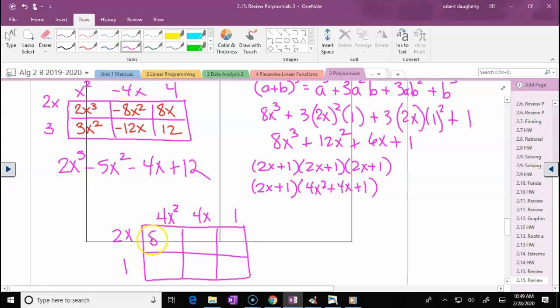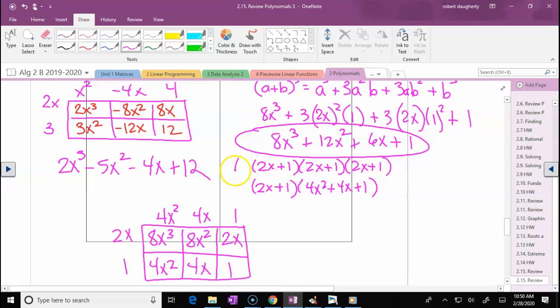So I get 8x cubed, 8x squared, 2x, and then I get 4x squared, and then I get 4x plus 1. This should give me the same exact answer of what I saw right here. So 8x cubed plus 12x squared plus 6x plus 1. Same answer.